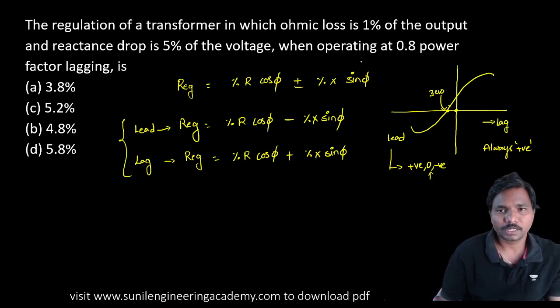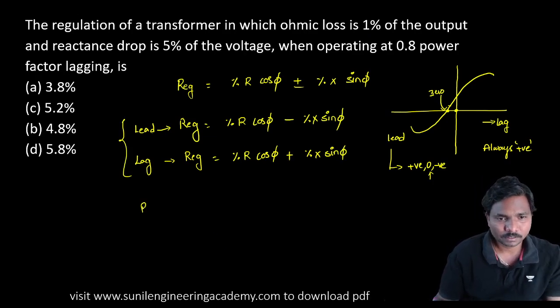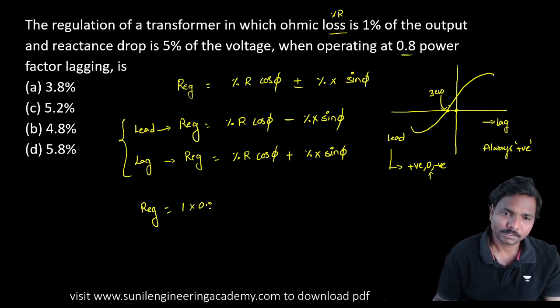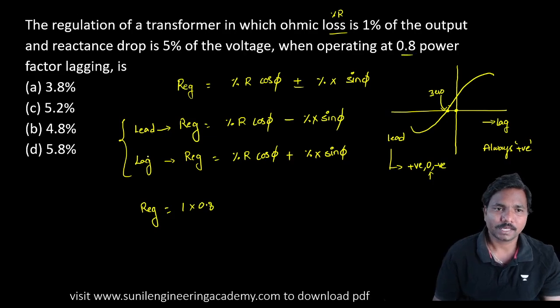Here they have given percentage R. Ohmic losses are also considered as percentage R, that is 1% into cos phi. The power factor they have given is 0.8, and for plus or minus they have given lagging, so for lagging it is plus.